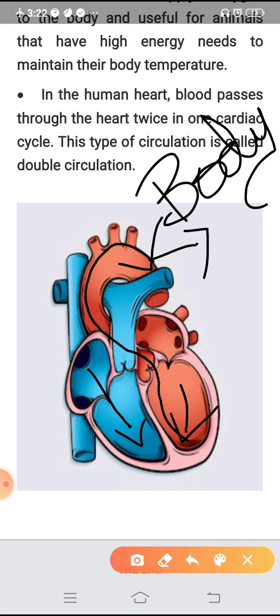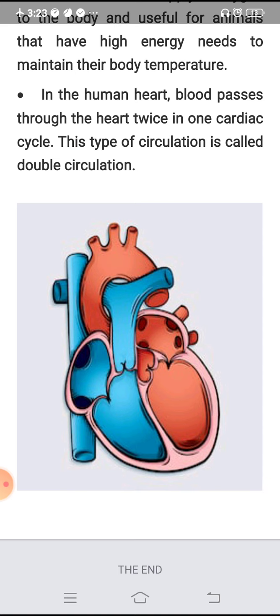It enters the pulmonary artery and reaches the lungs. Similarly, the blood from the left ventricle flows towards the aorta. Why? Because through the aorta it is transported to different parts of the body.